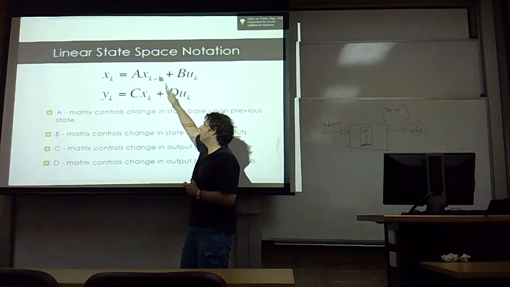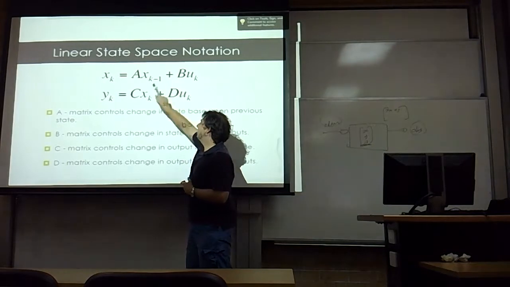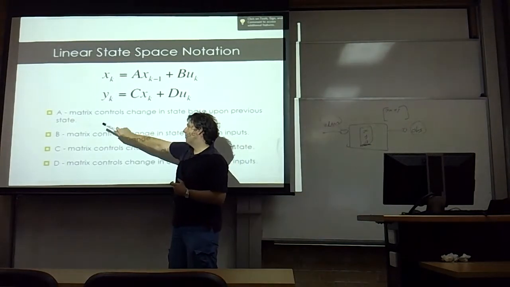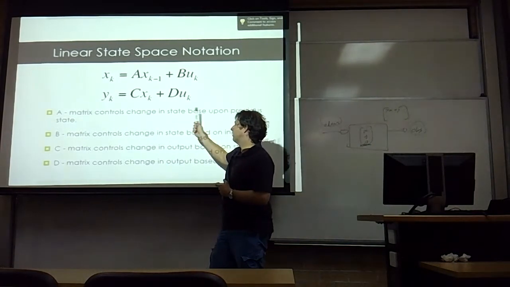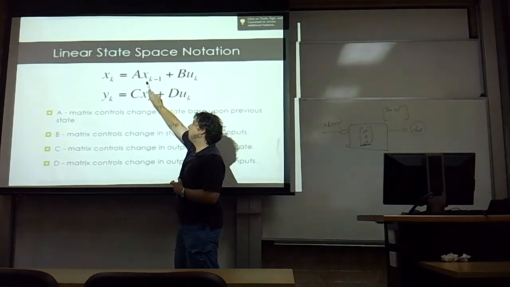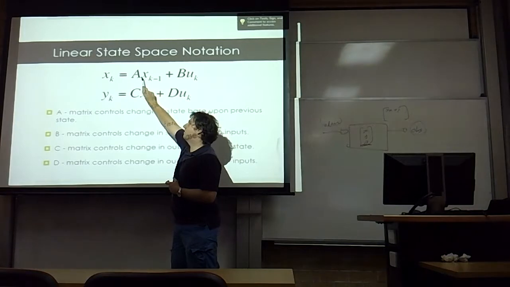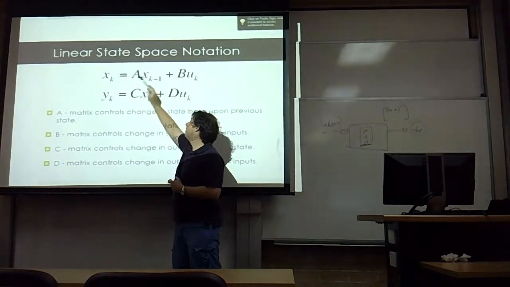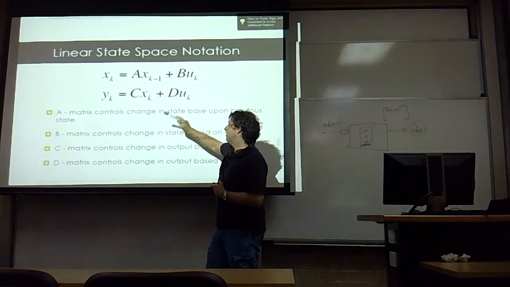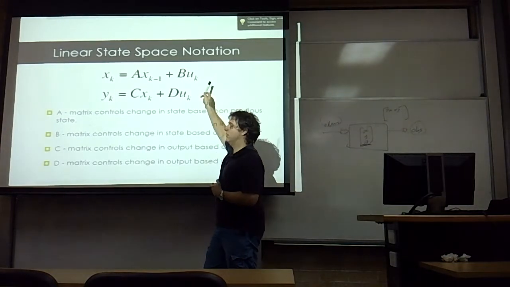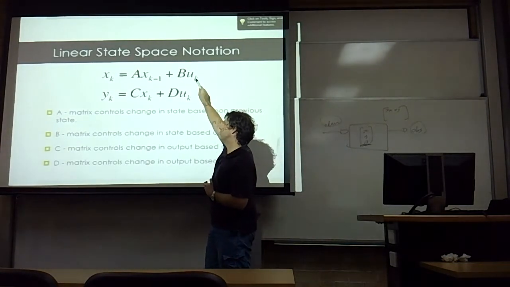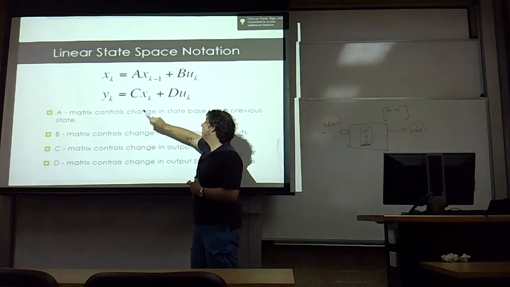And so you have these 4 matrices. The A matrix is used to determine the component of the previous state that's used to calculate the new state. The B matrix is the component of the input that's used to calculate the new state.